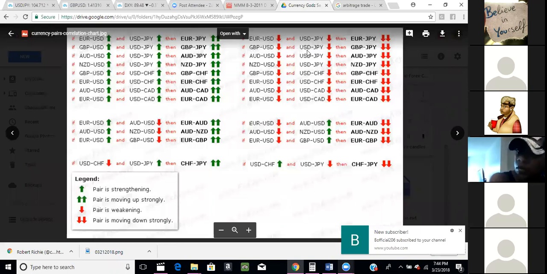And if USD JPY is going down, the Japanese yen is stronger than the US dollar. If the US dollar is stronger than the pound, then the Japanese yen has to be stronger than the pound, because the pound is getting beat by the Japanese yen in that current situation.